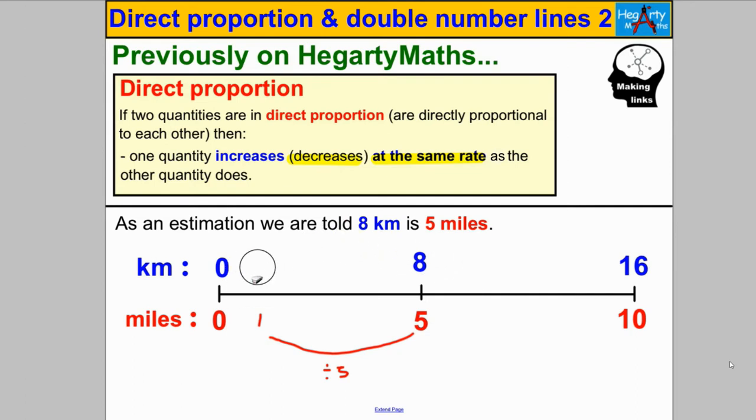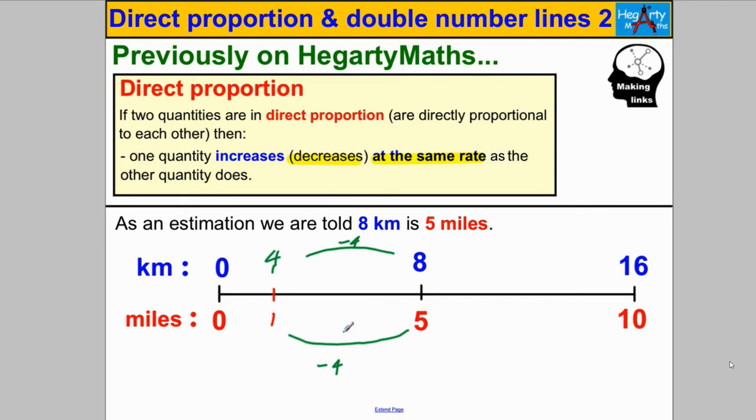Now, just before I go on and show you the new way of writing it, I just want to point out a classic mistake. Sometimes students think if someone asks them what 1 mile is worth and they knew that 8 kilometers was 5 miles, this is what they do. They say, well, how do you get from 5 to 1? You subtract 4. So they think, because the things are in proportion, I'd also subtract 4. 1 mile is equal to 4 kilometers. 8 subtract 4.